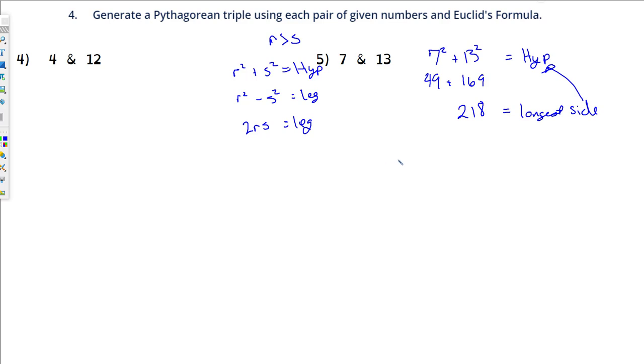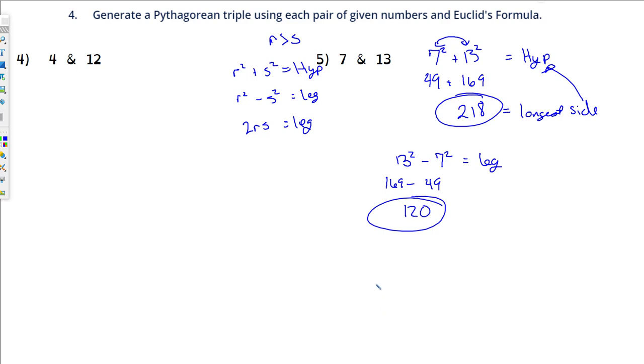And then I do 13 squared minus 7 squared, because again we need to put it in order. I didn't write it here, but these need to be in order from greatest to least on that. And that's going to equal one of my legs. So 169 minus 49 is 120. So that's one of my legs.